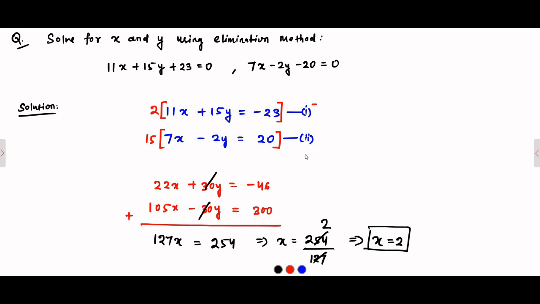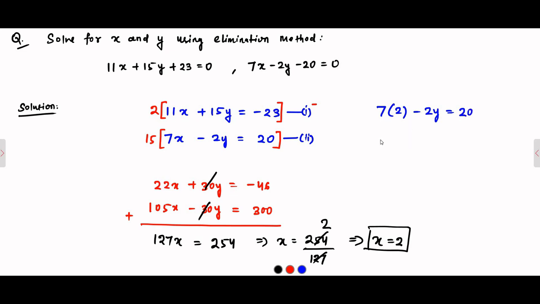Now we will put this value in any of these equations to get the value of y. So let's pick 7x minus 2y is equal to 20. So 7 into 2 minus 2y is equal to 20.